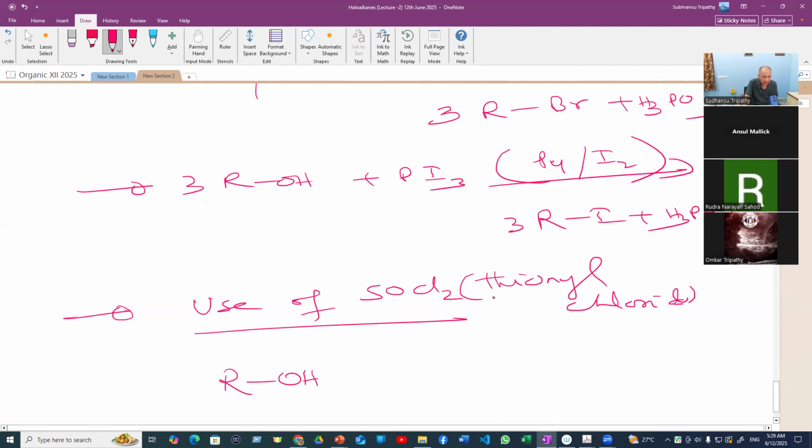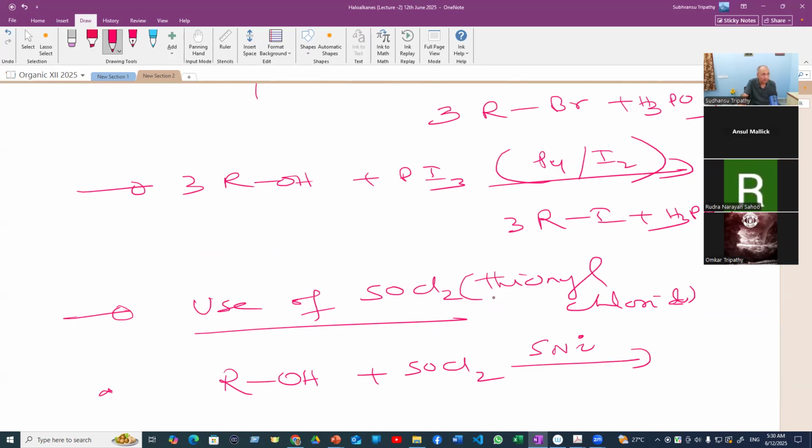ROH, if you use thionyl chloride, it is only for chloride. There is no thionyl bromide. But the mechanism is SNi, internal. That means it will undergo no inversion, no racemization. It will be exactly retention of configuration.